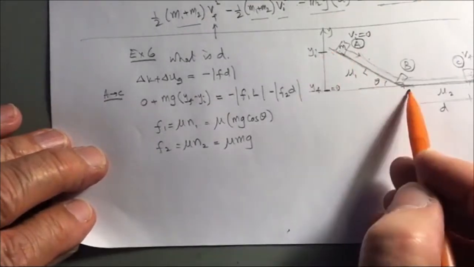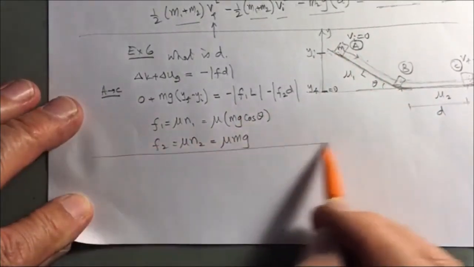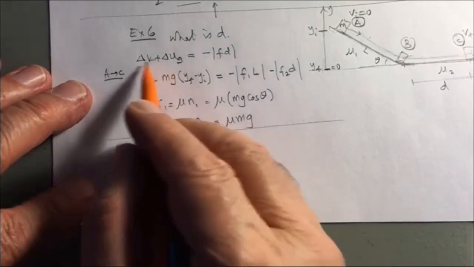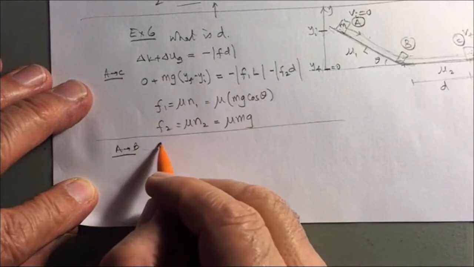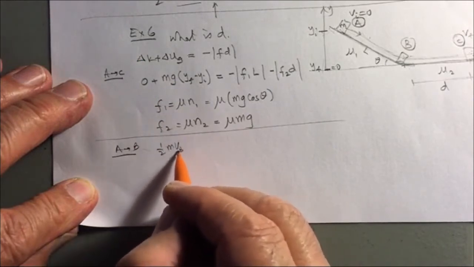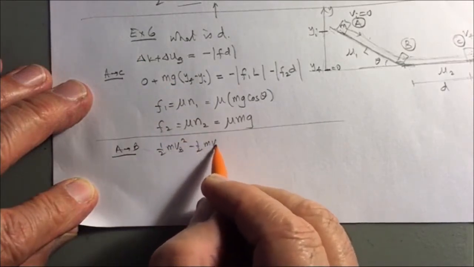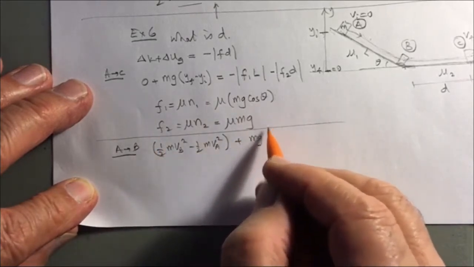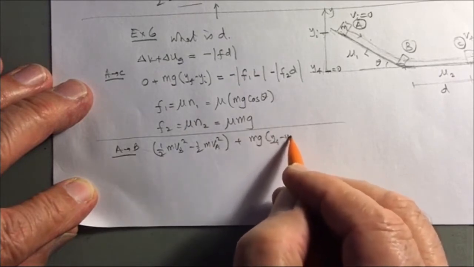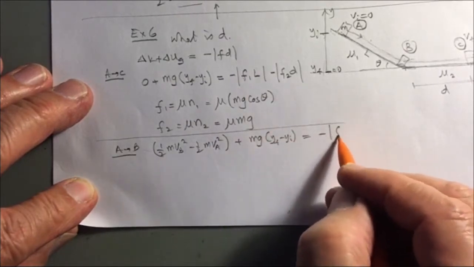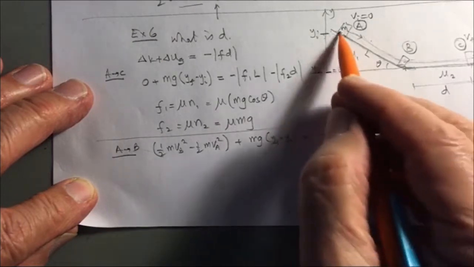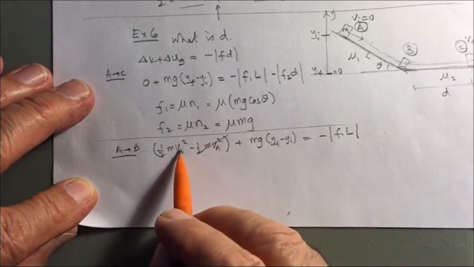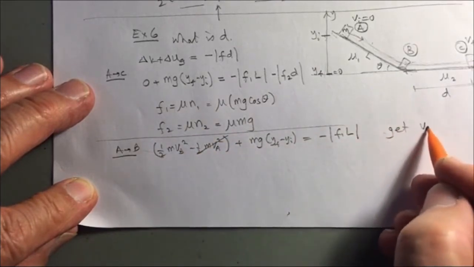Now if you wanted to solve it between A and B first, and then between B and C, from A to B we would just rewrite that equation as half m v_B squared minus half m v_A squared plus mg (y final minus y initial), and only the F1 L, only this friction. This is 0, and we can use it to get v_B.